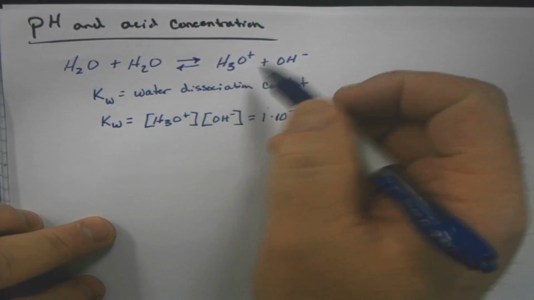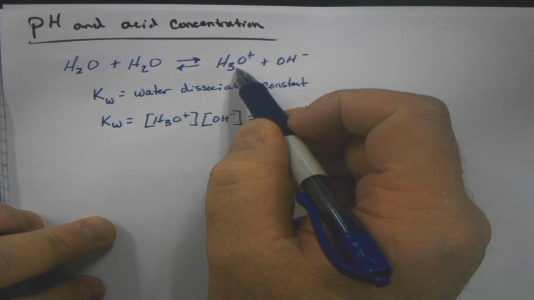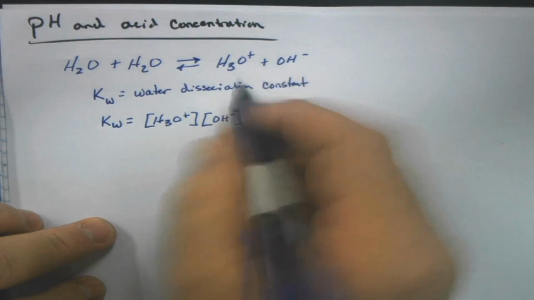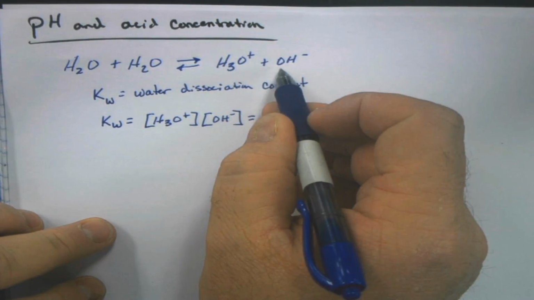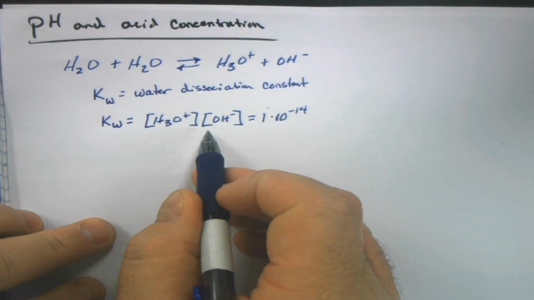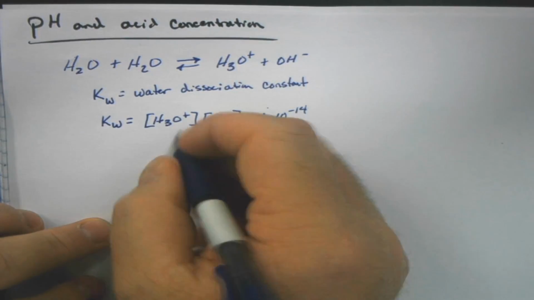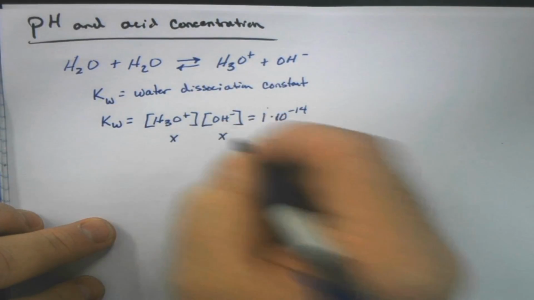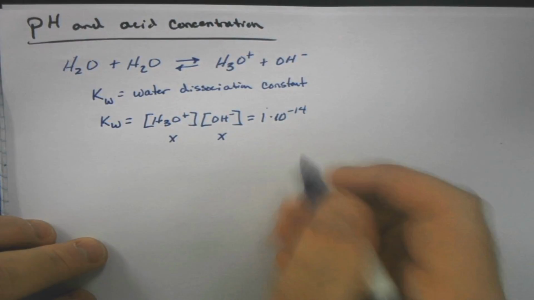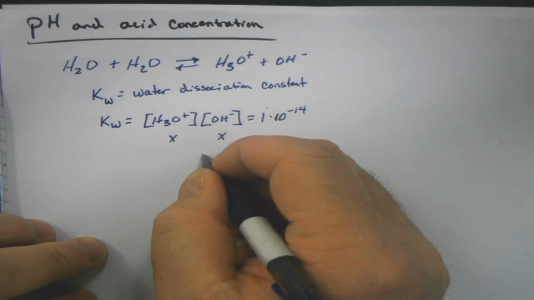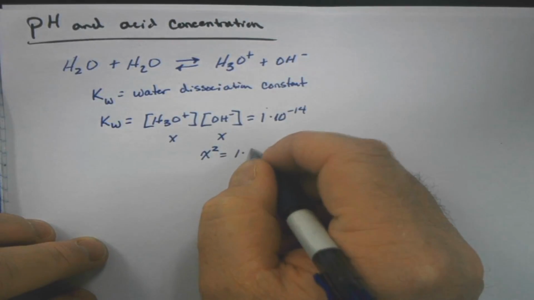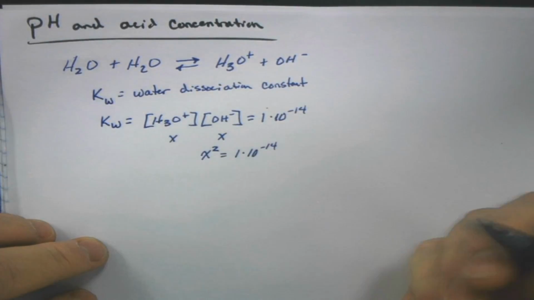Because if for every hydronium we make, we also make another hydroxide, then for every one of these, we make one of those, which means that these two have to be equal to each other, right? So let's assign a value. And we'll call them x, because we want to figure out how much it's going to be. So this winds up being x squared equals 1 times 10 to the negative 14th.